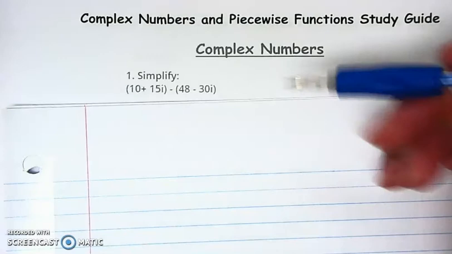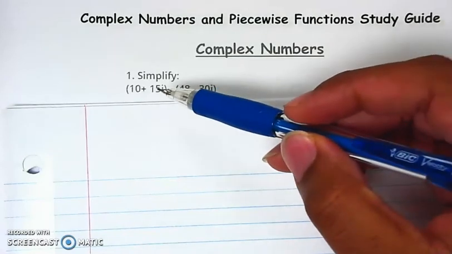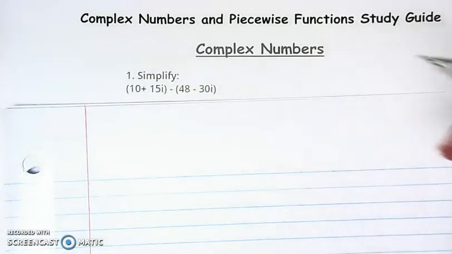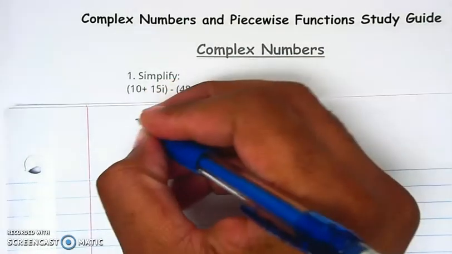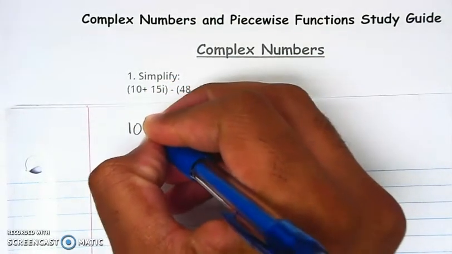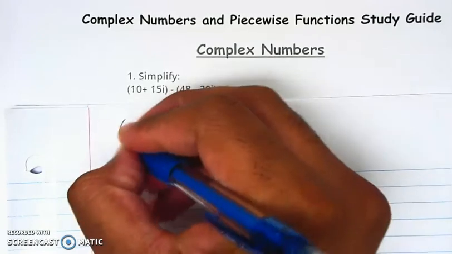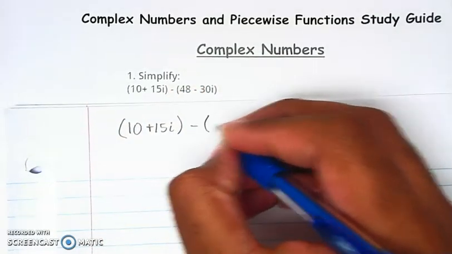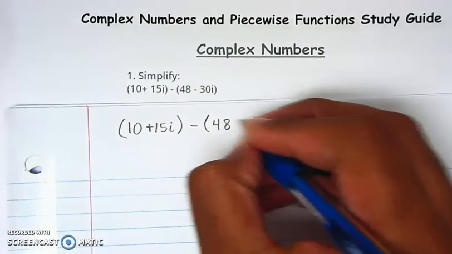All right, so here we're talking about complex numbers. We're actually talking about 10 plus 15i minus 48 minus 30i. First and foremost, I'm going to rewrite this really quick. We have to distribute this negative so that we're dealing with an addition sign.